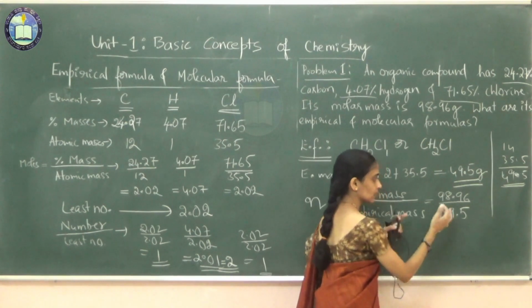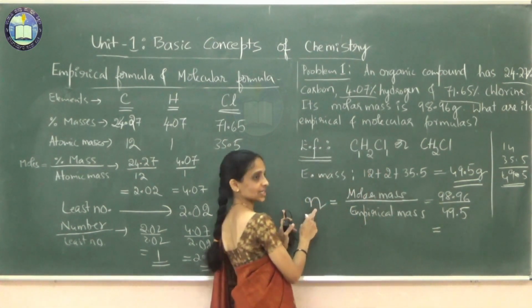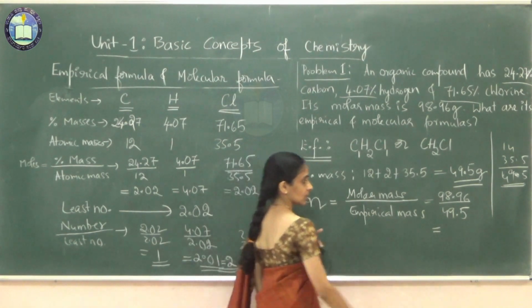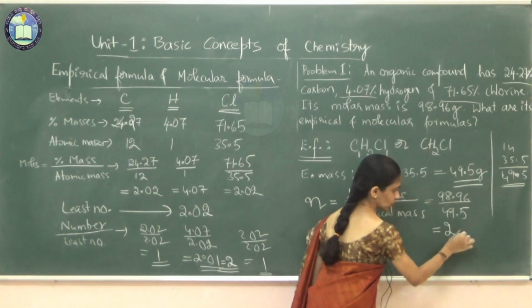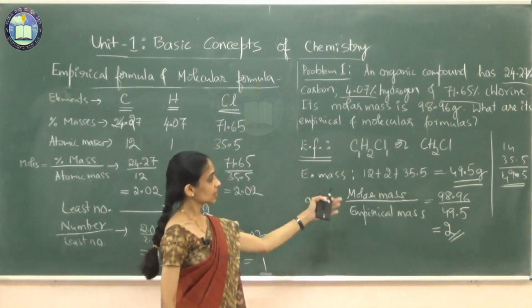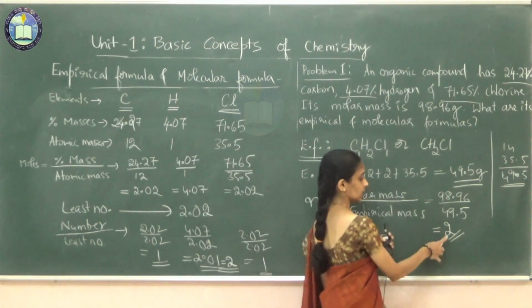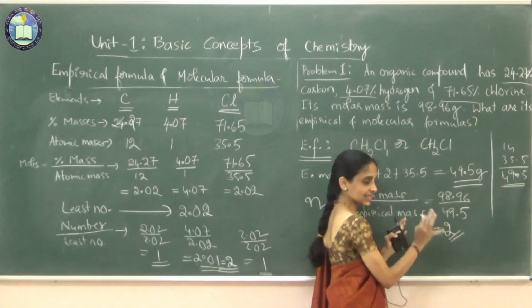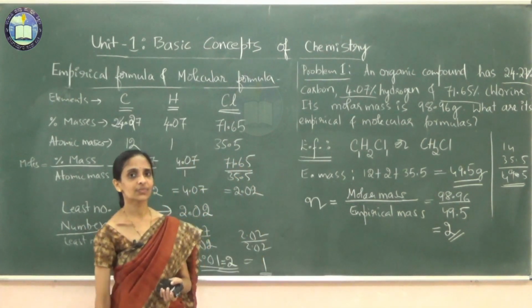The value that you get, you round it off to the nearest integer. n is an integer, so it will be actually 2. You can find out the result using a calculator and then round it off to the integer. You get it as 2. So what is the value of n here? It is 2.